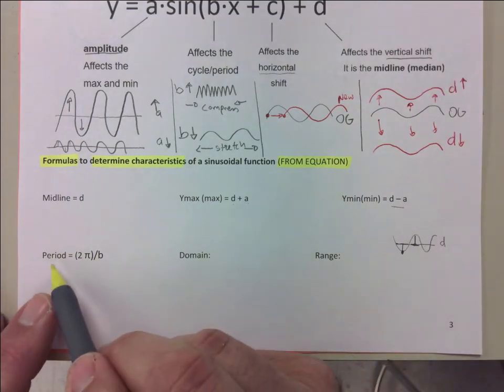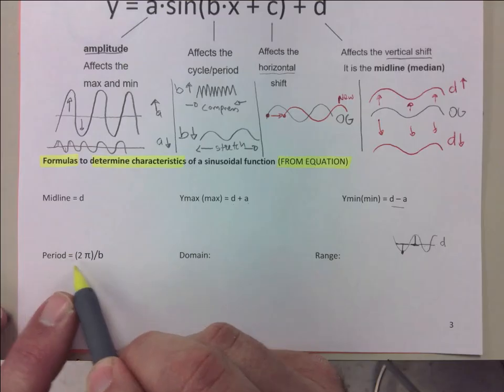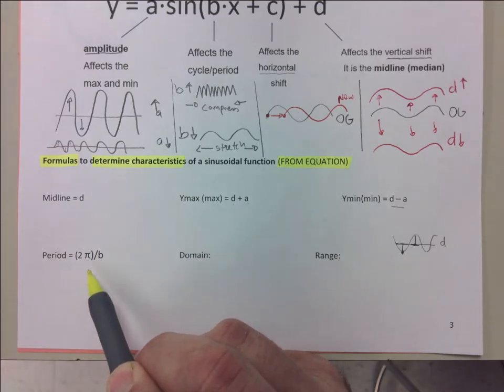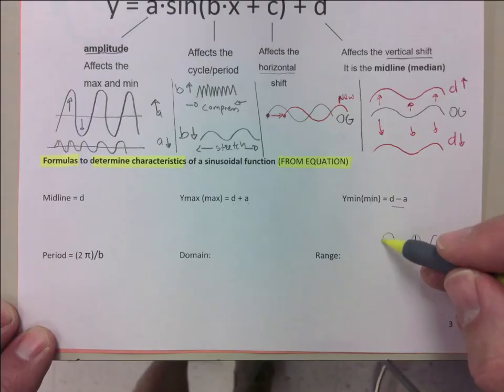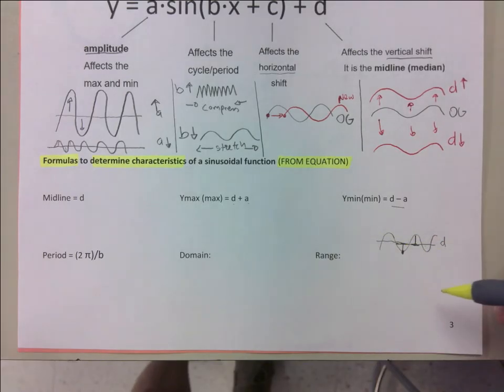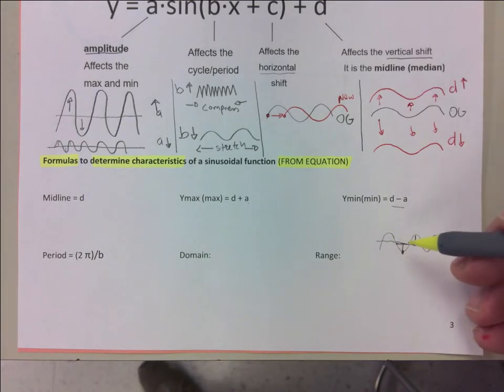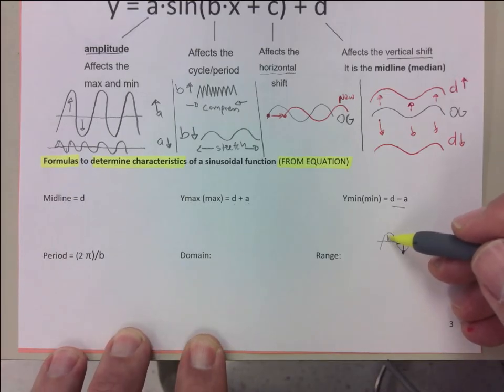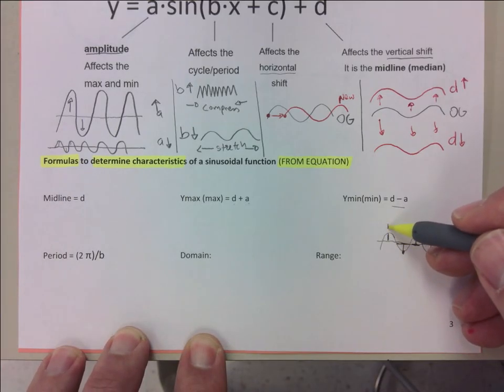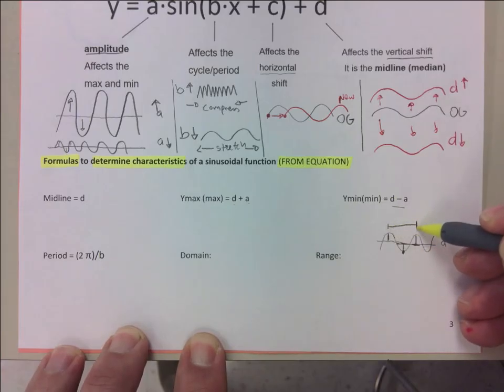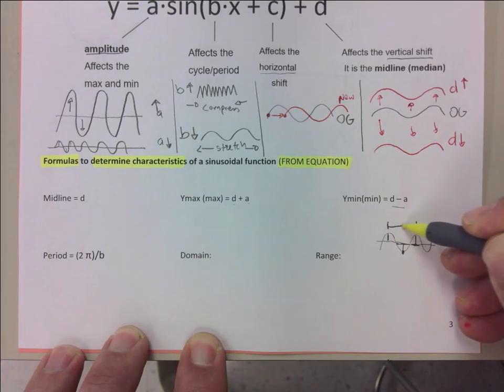This is important. To figure out the period of this function, pay close attention. The period visually goes from here to here. It's the horizontal distance from here to here.